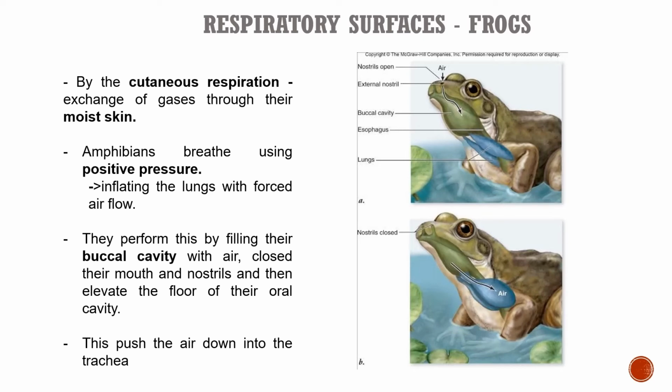Amphibians breathe using positive pressure, inflating the lung with forced airflow. They do this by filling their buccal cavity with air, closing their mouth and nostrils, and then elevating the floor of their oral cavity. This pushes the air down into the trachea.